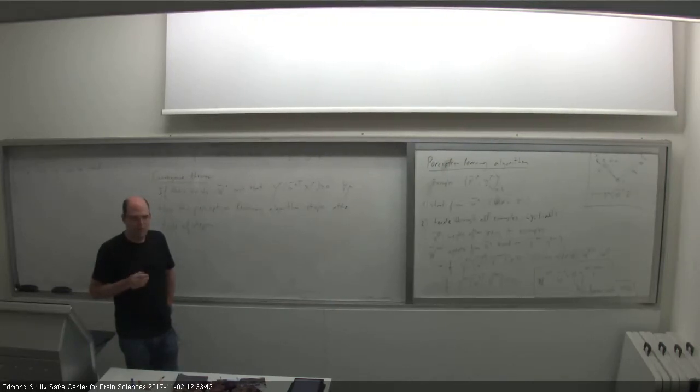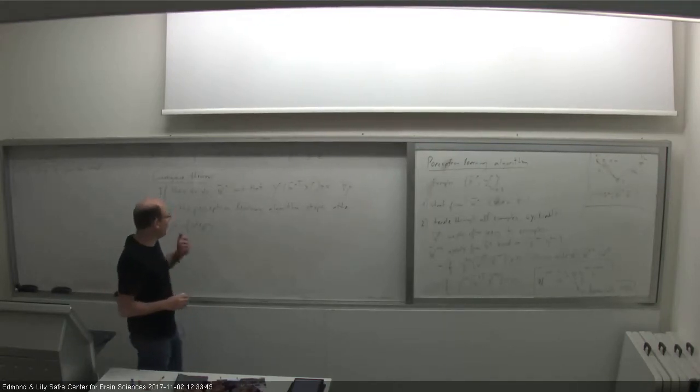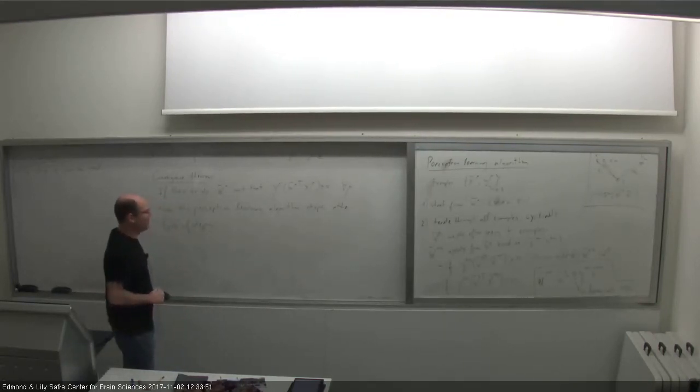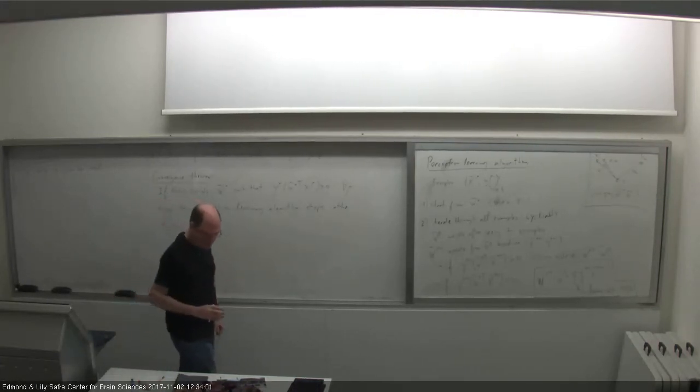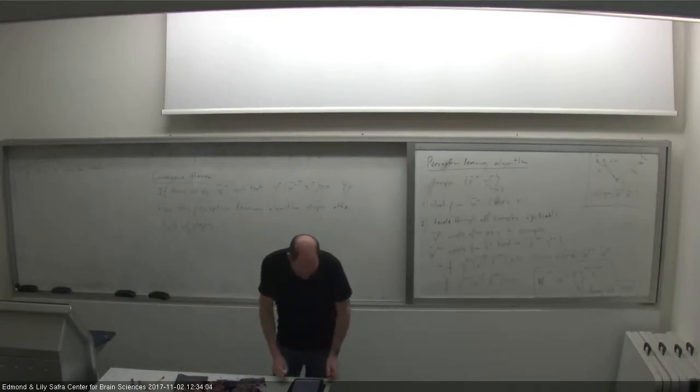And I'm not sure about the answer. Maybe it's a good homework exercise to have you think about it. I suspect that there is a way, but right now I don't know the answer. But what is clear is that if you stop, you know that you found an answer.